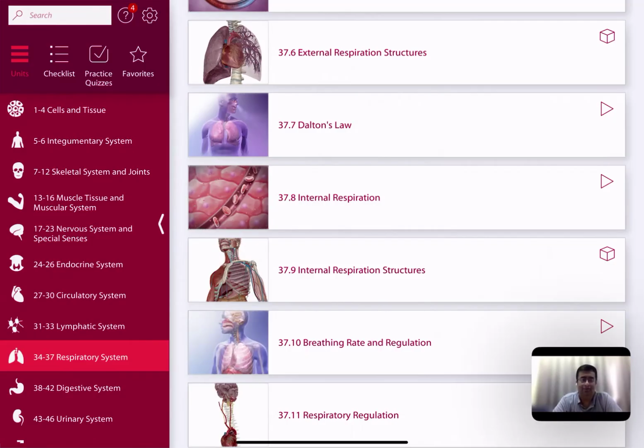Lactic acid is formed in animals during anaerobic respiration, which may accumulate in our muscles and cause them to get fatigued. That's why whenever we are engaged in some kind of strenuous physical exercise, often our muscles start to cramp. We experience muscle cramps. So these muscle cramps are basically due to accumulation of lactic acid.